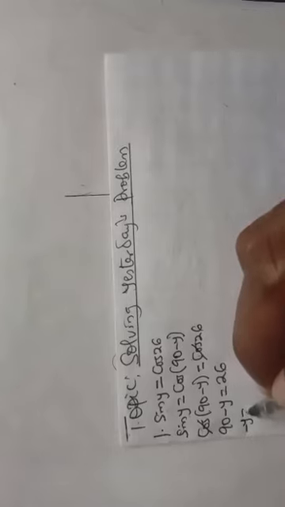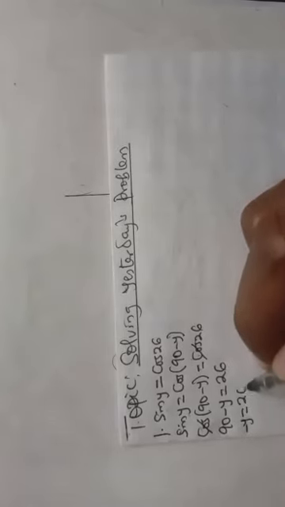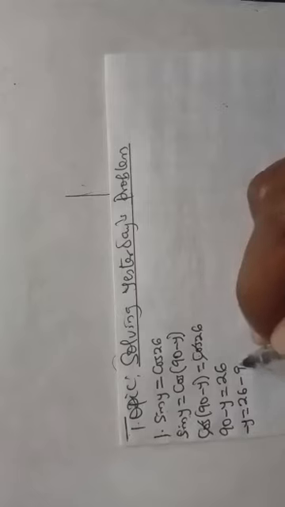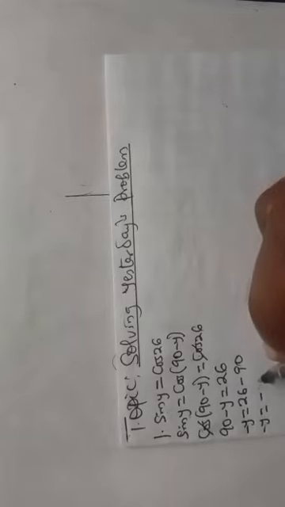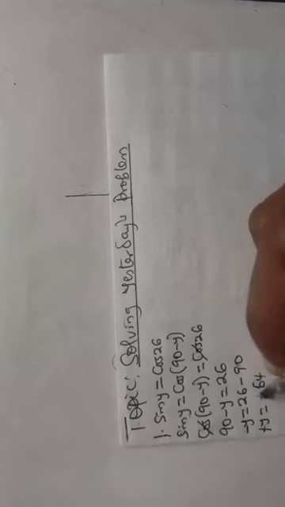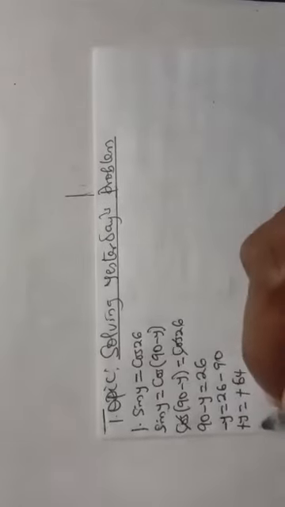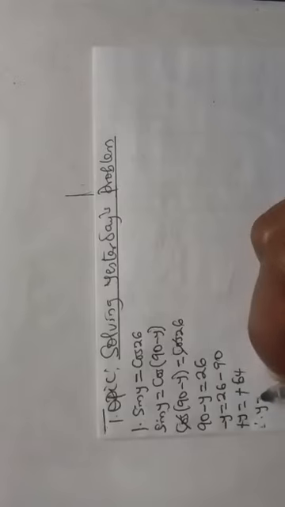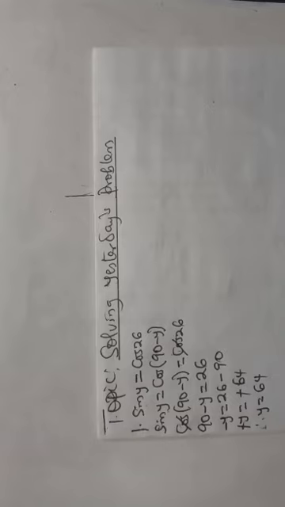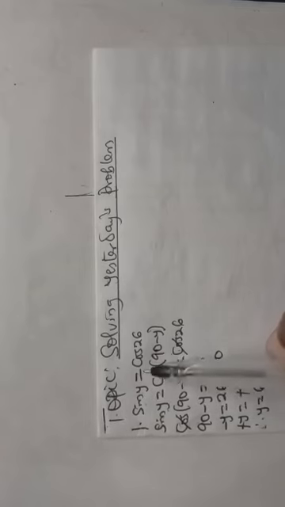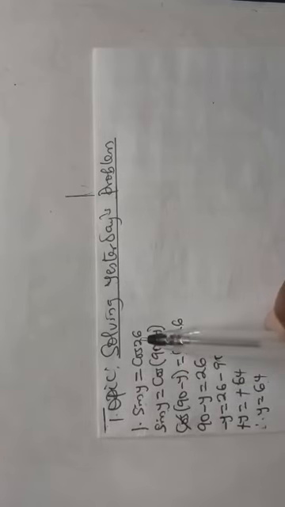We have that minus y is equal to 26 minus 90. Minus y is equal to minus 64. Negative cancels negative. Therefore, y is equal to 64. So it means that sin 64 is equal to cos 26.